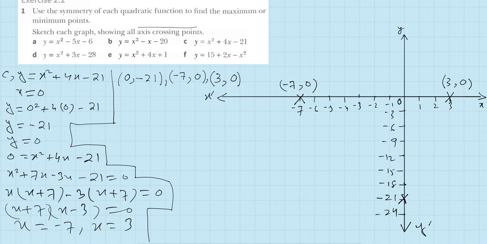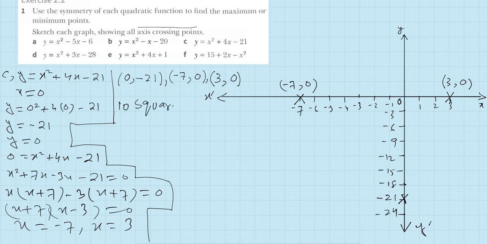Okay. Now it's time to draw the line of symmetry. What are the steps? Count all the squares between crosses on the x-axis. So this is 3 and this is 7. Total 10 squares.